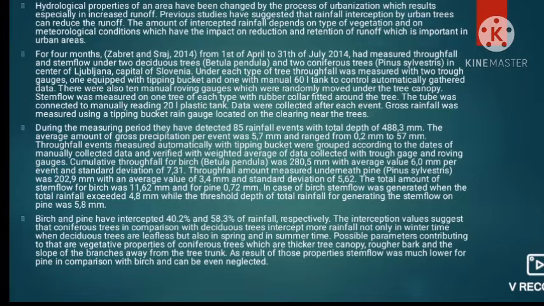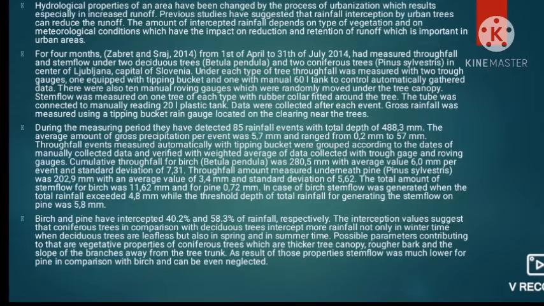During the measuring period, they detected 85 rainfall events with a total depth of 488 mm. The average amount of gross precipitation per event was 5.7 mm and ranged from 0.2 mm to 57 mm.